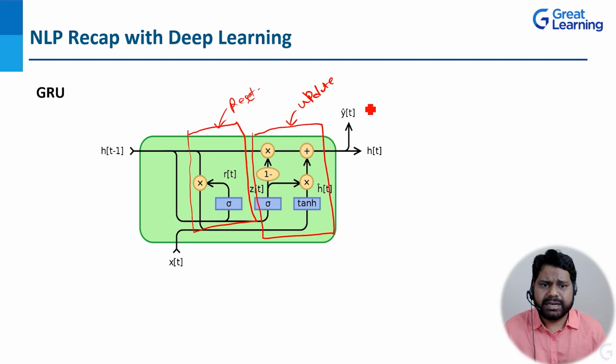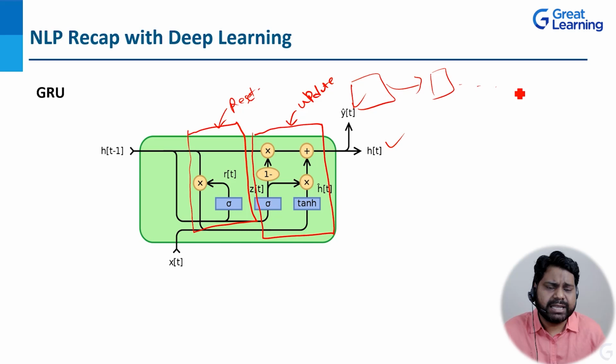Then it gives you y hat, the output, and the next state. Then there will be one more GRU attached to it, and another, similar to the LSTM architecture. GRU and LSTM work similarly, but GRU has only two gates, the update gate and the reset gate, while LSTM has three gates: forget gate, input gate, and output gate.